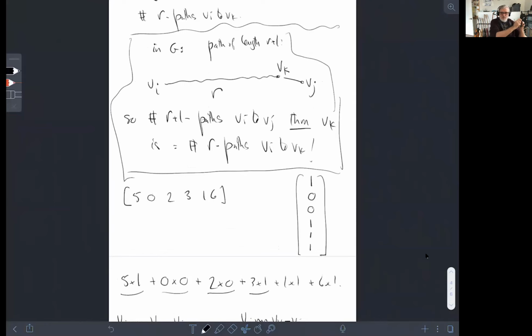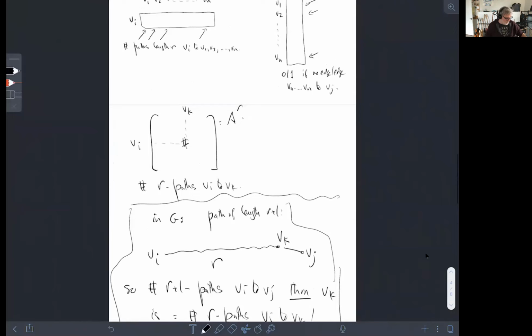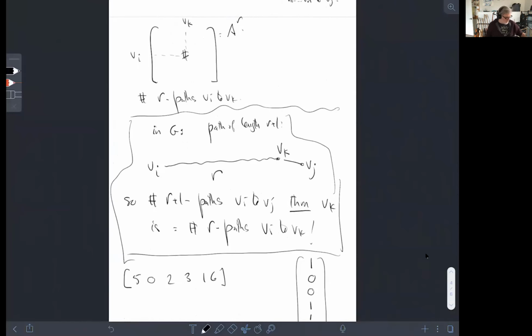So I look at all the paths of length R to any possible vertex, and then from all these, one shot to the other one. So if you look at the product of the row and the column, that's exactly what it encodes, which is, I mean, it's sort of magic, right? You're counting paths in a graph, and it turns out that if you take a matrix product, you get the numbers that you're interested in, which is pretty cool.